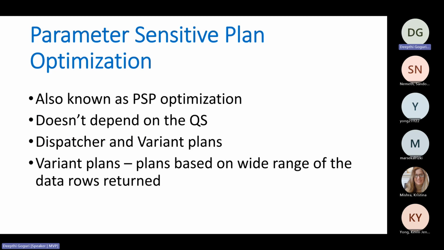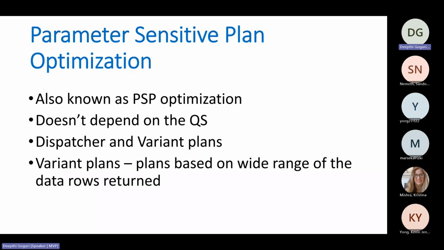Basically, if you have a parameter sniffing problem, and you do not have a proper distribution in your data, most of your parameters might give you a couple of records, approximately similar amounts of data, but then there are certain parameters where there is a 10x or 100x difference in the number of records that you see.